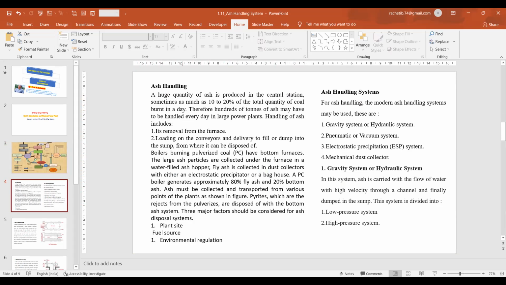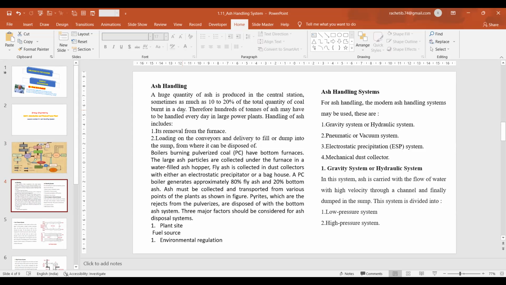Usually for 210 megawatt, where I worked for more than 29 years, we saw that approximately 3,000 to 3,500 tons of coal was used for one unit. There were 3 units, so a total of around 10,000 tons was required per day for generation purposes.